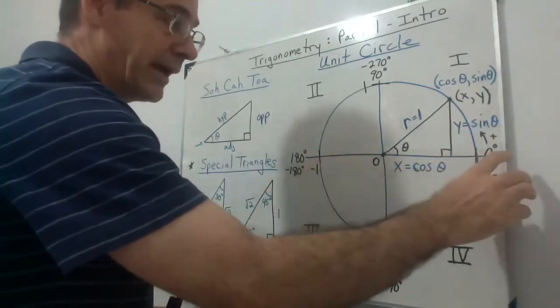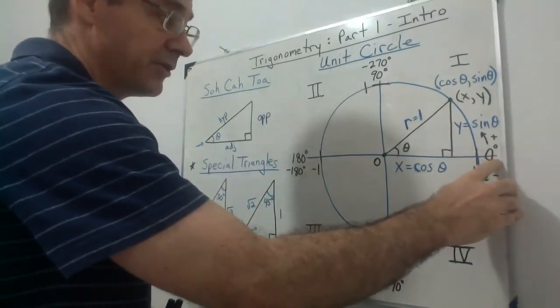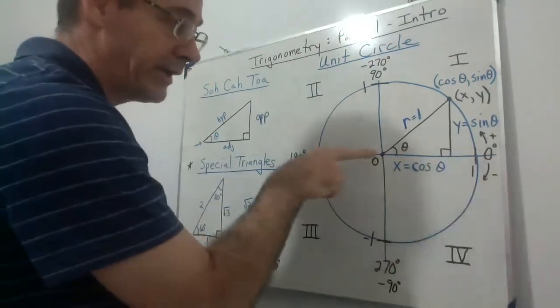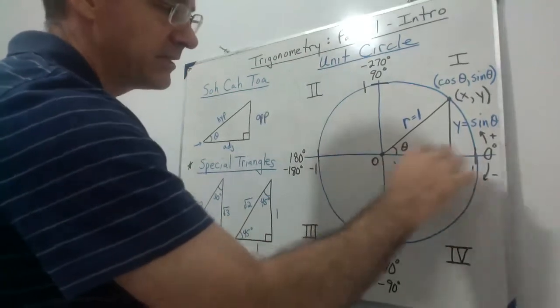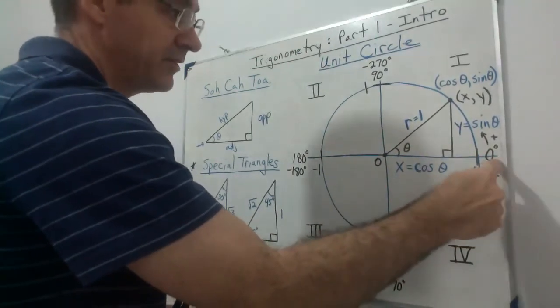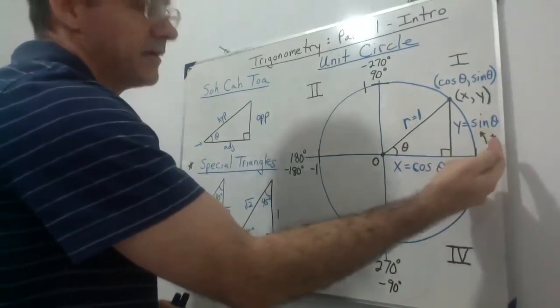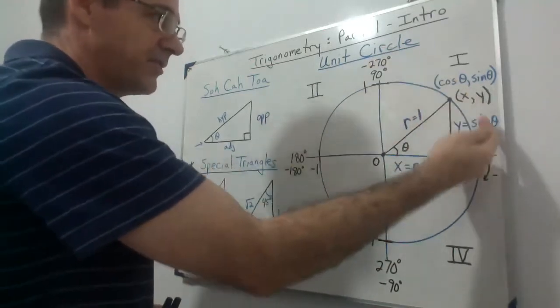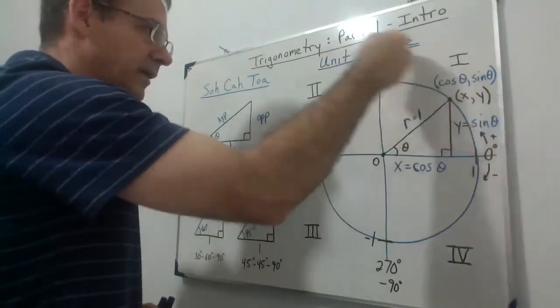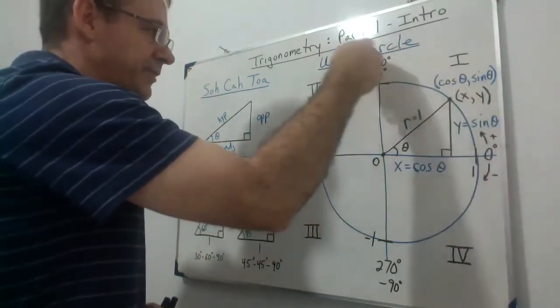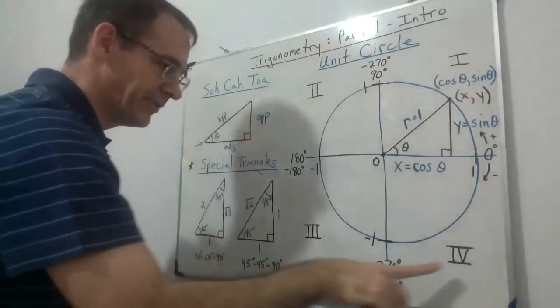It starts from the right here. This is where our 0 degrees, our point of reference, is facing to the right, the positive x-axis, and it goes counterclockwise. So this is the first quadrant, goes against the clock. First quadrant, second quadrant, third quadrant, fourth quadrant.